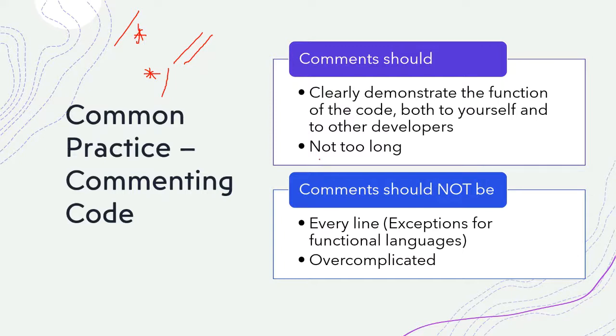Comments should not be too long, and comments should not be on every line, except for functional languages. Comments should not be overcomplicated. Comments should only be used as an identifier that this line or this function is for the addition, this is for the subtraction.